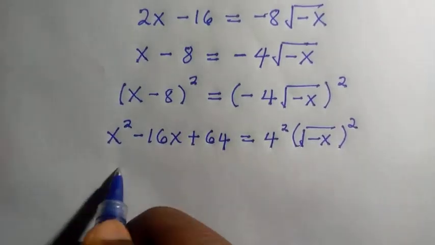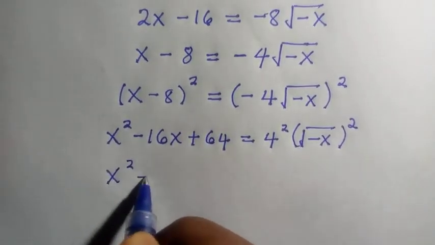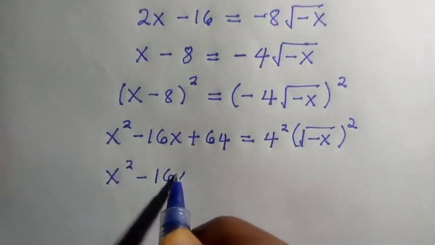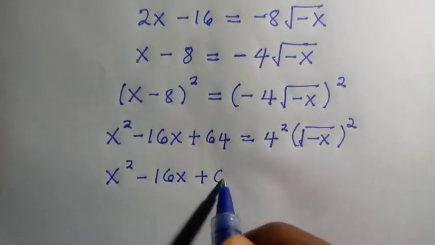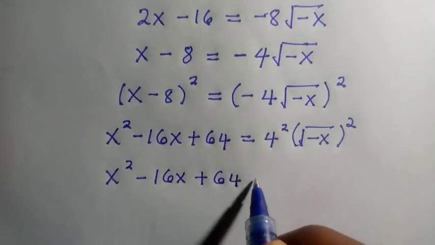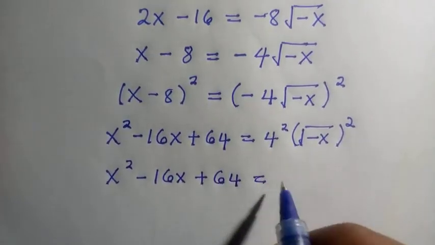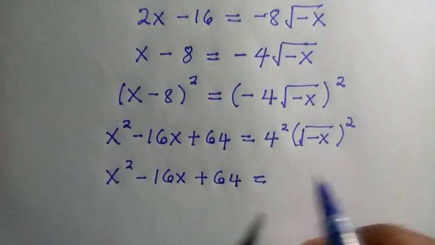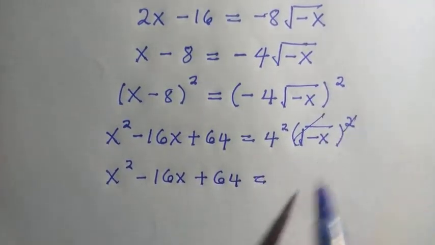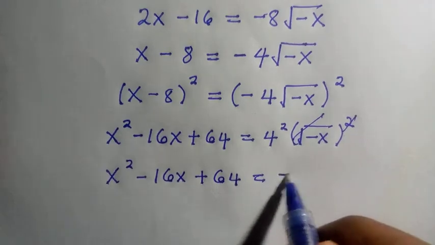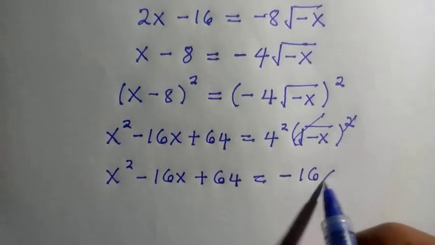So here we have x squared minus 16x plus 64 equals, so for square here it gives us 16, and when these cancel each other, we have it as minus 16x.